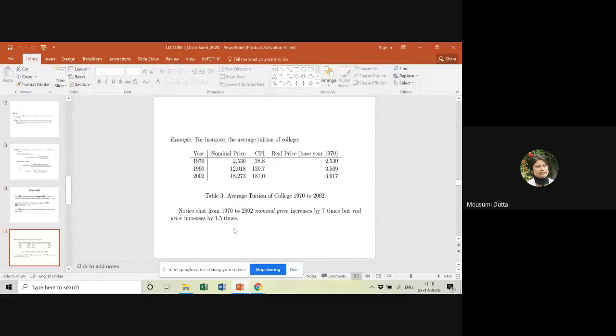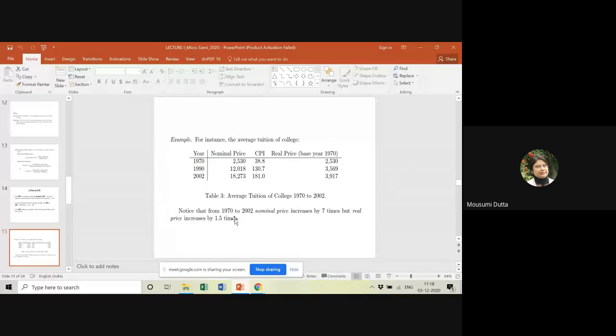This table is regarding the average tuition fees in college from 1970 to 2002. You will get this table in the presentation. Now you try on your own to see how I have claimed this statement.